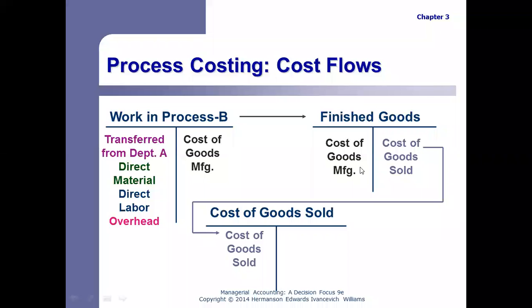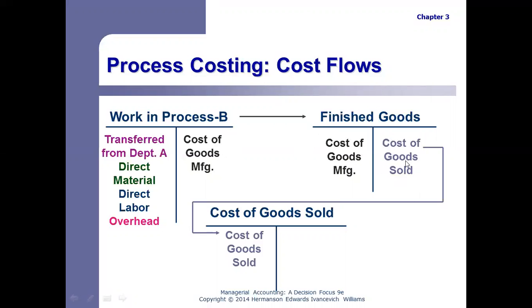Okay. Remember, cost of goods manufactured is how much did it cost us to make the product. Cost of goods sold is how much did it cost us for the products that we did sell. If we sold everything we made, these two amounts would be the same: cost of goods manufactured, cost of goods sold.